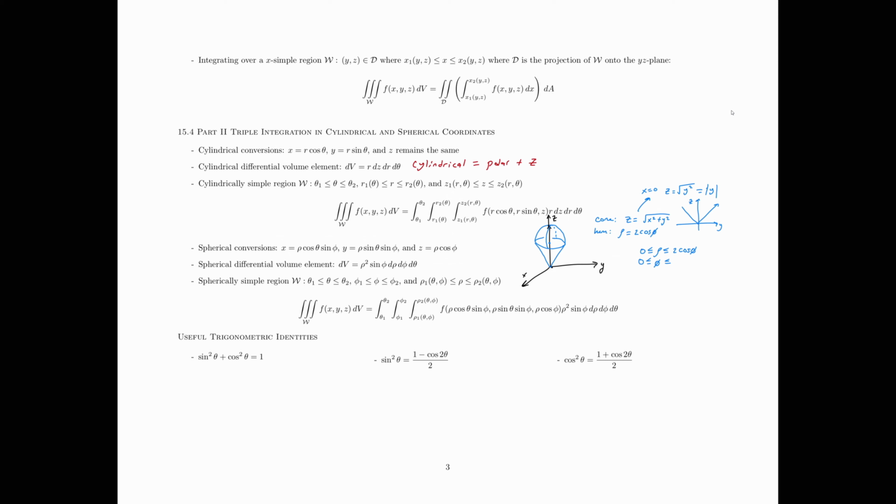The slope is 1, a rise of 1 for each run of 1. This is a line with slope 1, and this is a line with slope negative 1. Either way, this is a 45, 45, 90 triangle, which means that this angle here is pi over 4, which means that this angle here, which is what phi is, also has to be pi over 4. So our maximum is pi over 4.